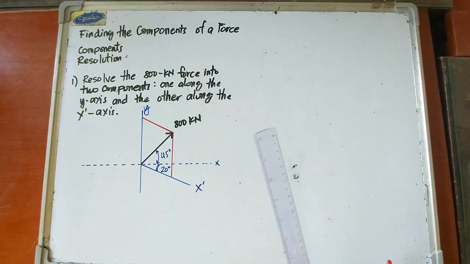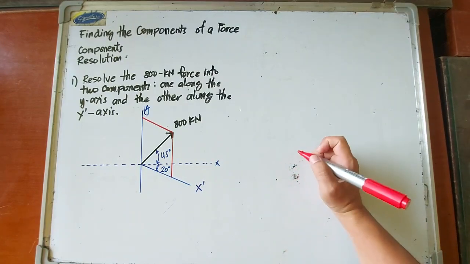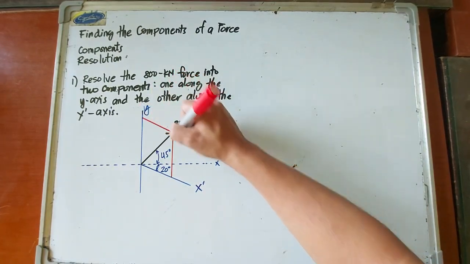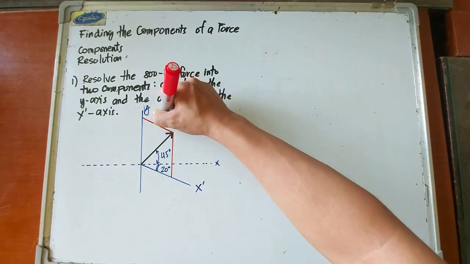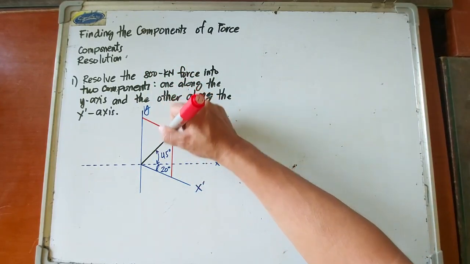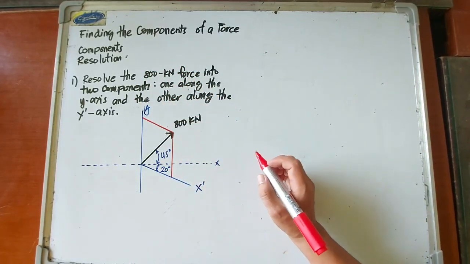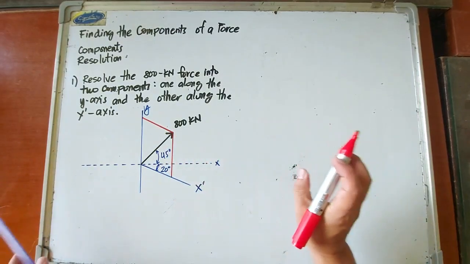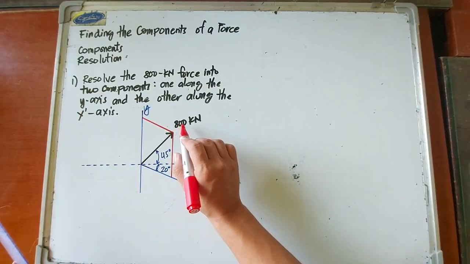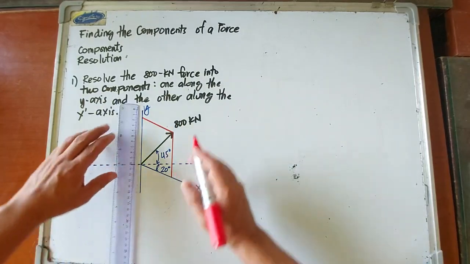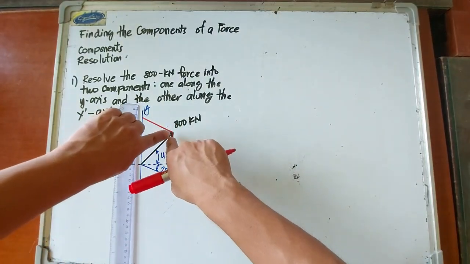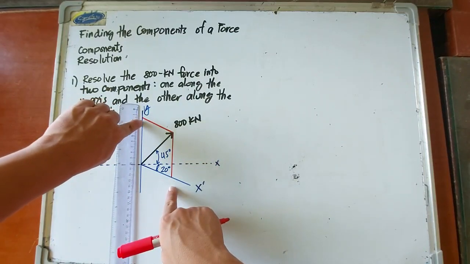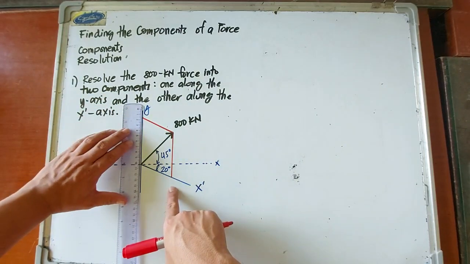Okay, so meron na tayong na-form na parallelogram. So again, since itong line na to ay parallel dito, ibig sabihin, yung component ng 800 kilonewton force, i-convert natin, paghihiwalayin natin yan along x prime and y axis.